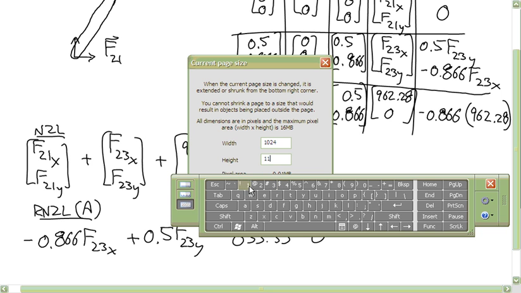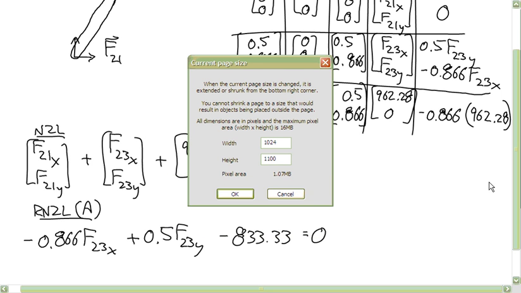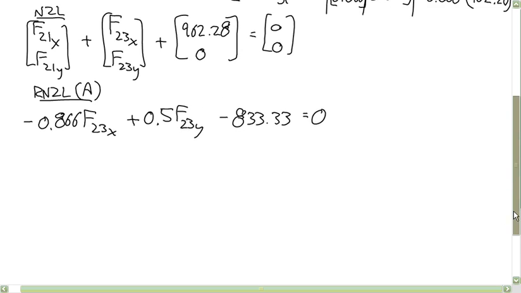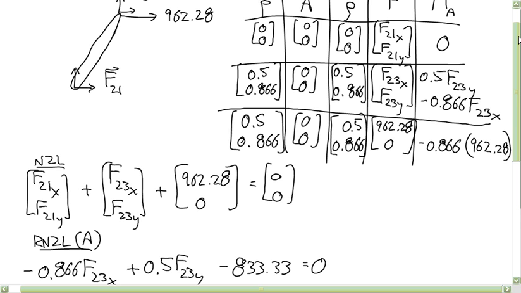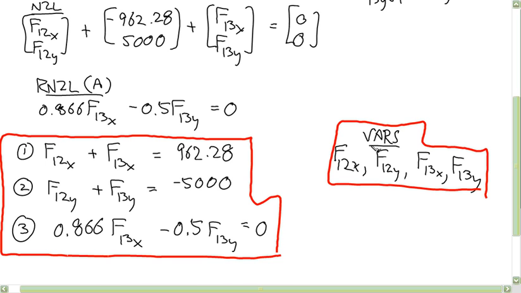So let's take inventory again. The variables that show up here are 2, 1, x and y, and 2, 3, x and y. So let's look back at our old list of variables and see if there are any that we can replace using Newton's third law.